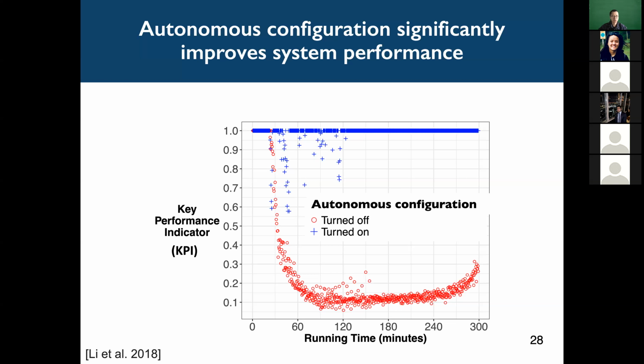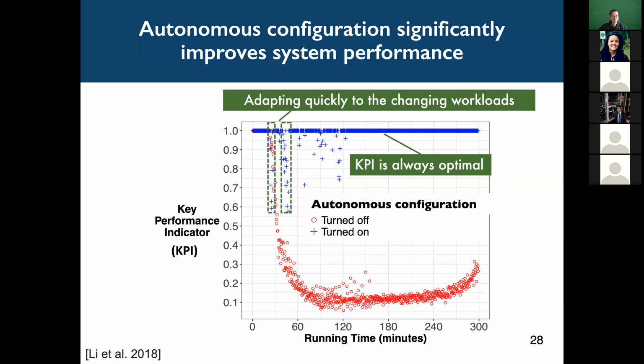We can see that the KPI is always optimal, right? And when there's a workload change, the KPI drops a little bit, but it is pushed back to the optimal value quickly. So this is the result of comparing with and without the autonomous configuration feature.